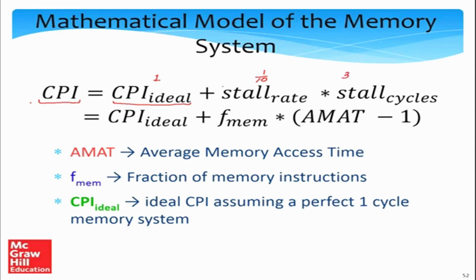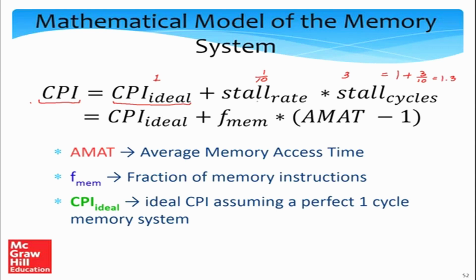Then the CPI is 1 plus 3 by 10, which is 1.3. So this can also be said, this is CPI ideal.